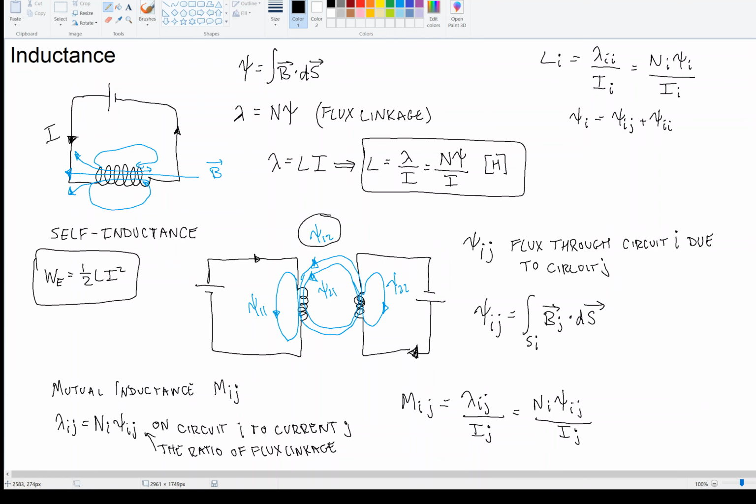All right, now the total energy in this magnetic field is, remember, it's the job of the inductor to store energy, and so we basically have three inductances. We have the mutual inductance, and then we have the self-inductance of both circuits.